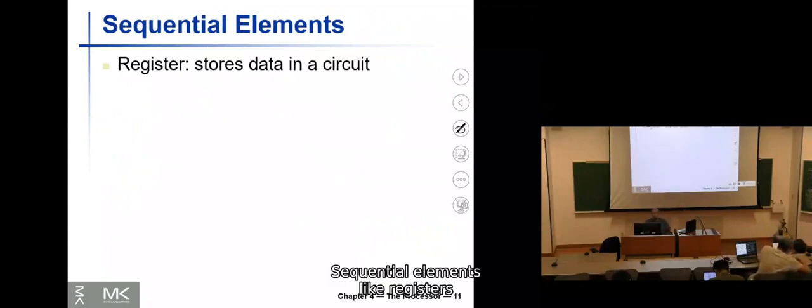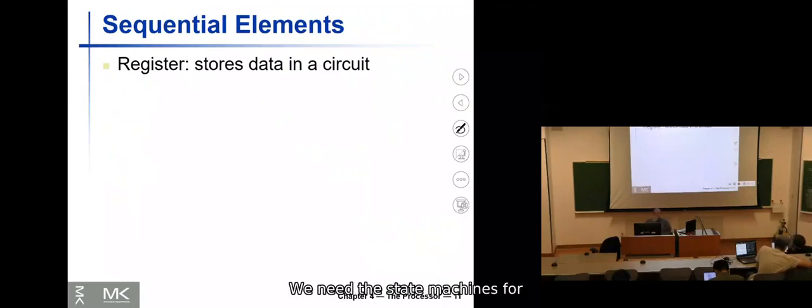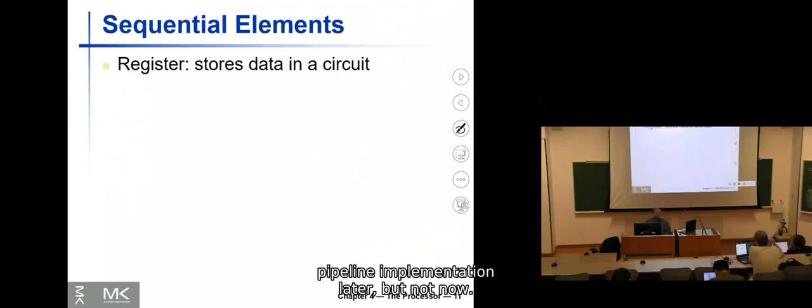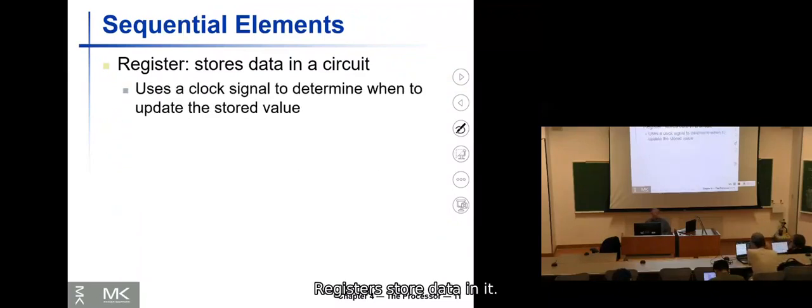Sequential elements are like registers that we have seen in our design. There are also state machines, which we don't go through for the single cycle implementation, but we will need them for a pipeline implementation later, not now. Here we have registers. Registers store data.